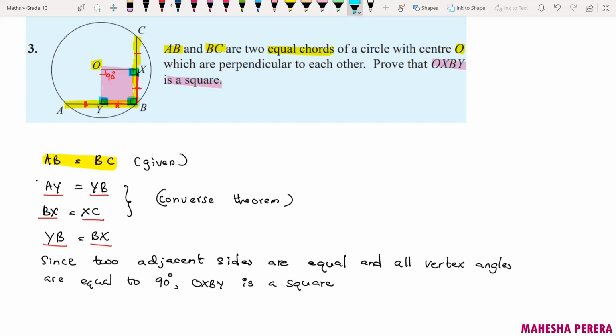So when you deduct 3 times 90 degrees from 360 degrees, you get 90 degrees over here. So all the vertex angles are 90 degrees. And especially since two adjacent sides are equal in length, we can say that this is a square. Okay, this is a square.